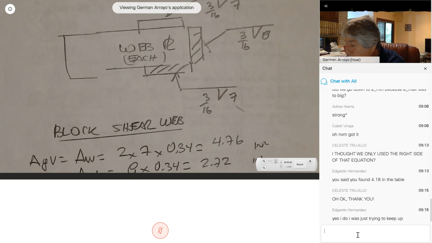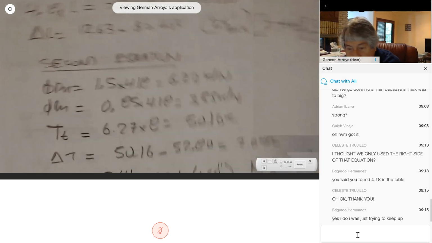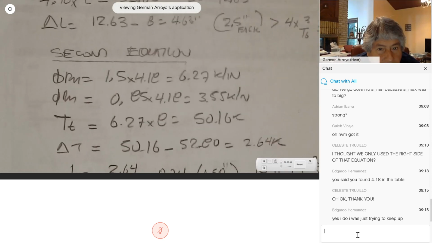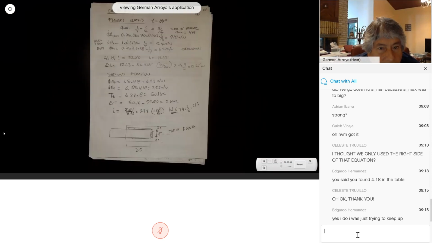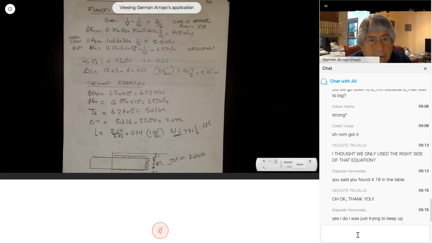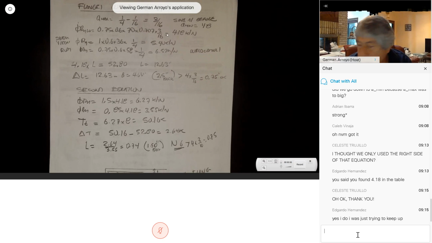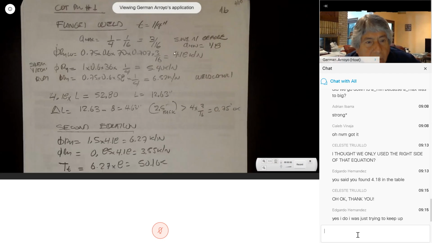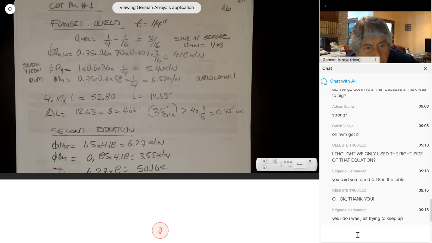I'm going to go to the flange. We already determined that the thickness of the flange is a quarter inch. We determined this before. So the maximum size is a quarter inch minus 1/16, which is 3/16.